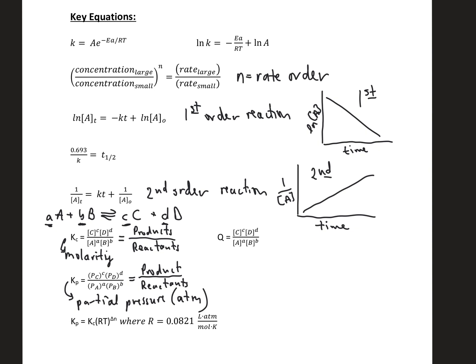We can also relate Kp to Kc. They can be equal. Kp equals Kc when our change in moles in the reaction is 0. When there are equal numbers of gas phase moles on both sides of the reaction, my delta n, my change in moles, is 0. So RT raised to the 0 becomes 1.